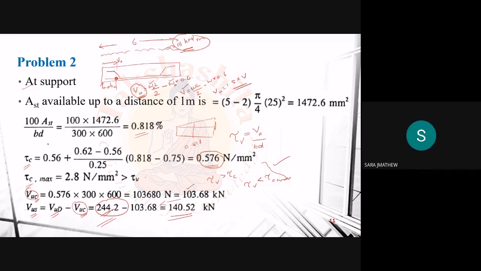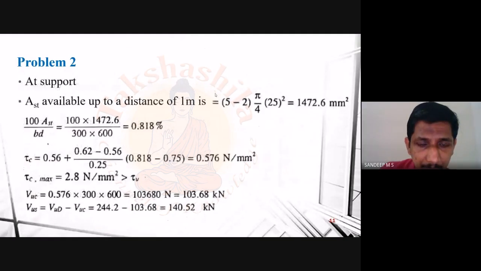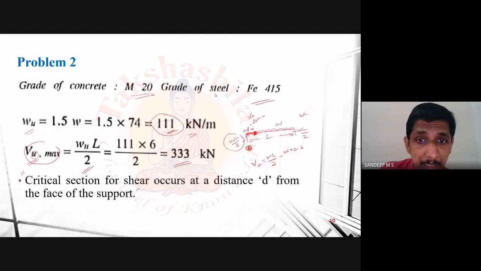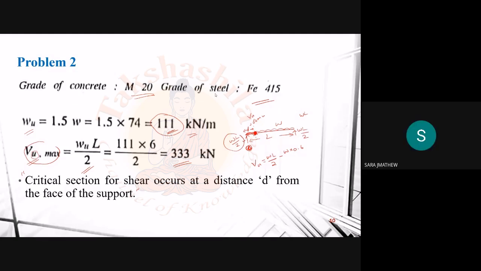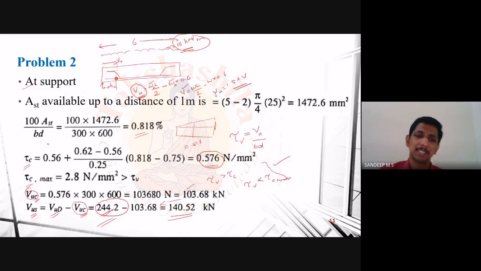So here, 333 minus 111 into 0.6, it comes to 266.4. There may be numerical differences. Don't mind that. Okay.